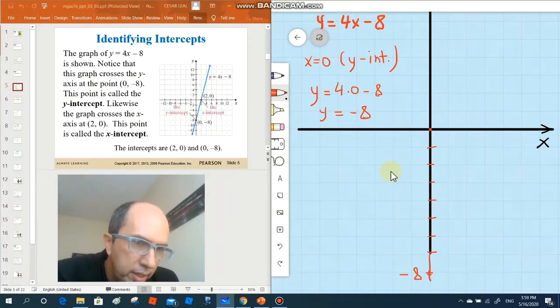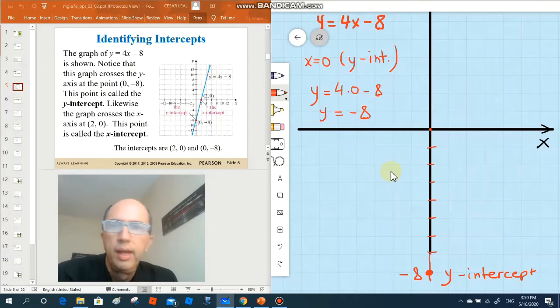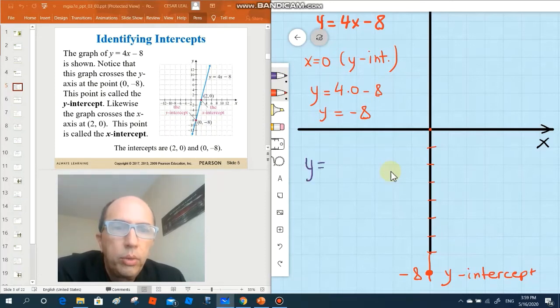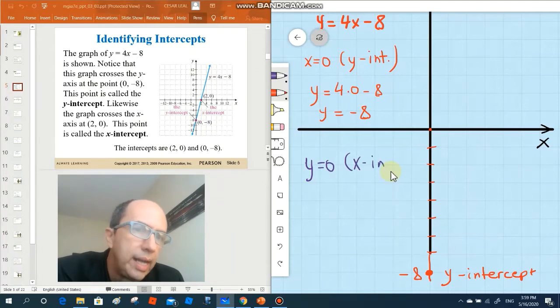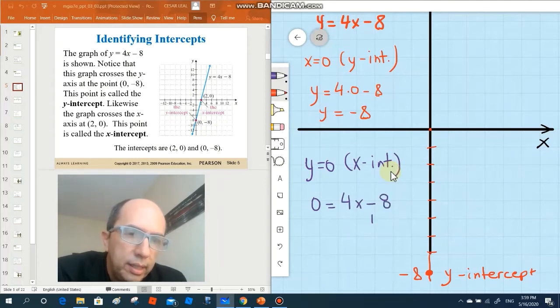This is the y-intercept. And the x-intercept is where y equals 0. That means 0 equals 4x minus 8. Add 8 on both sides.